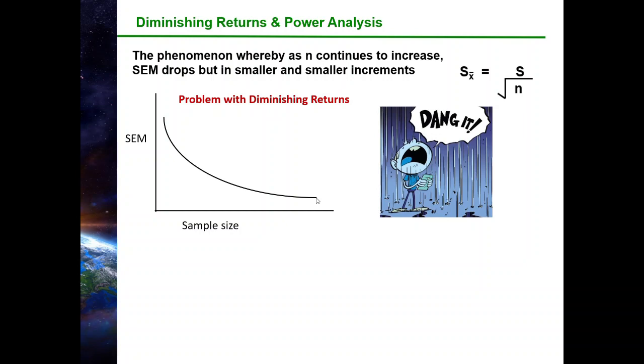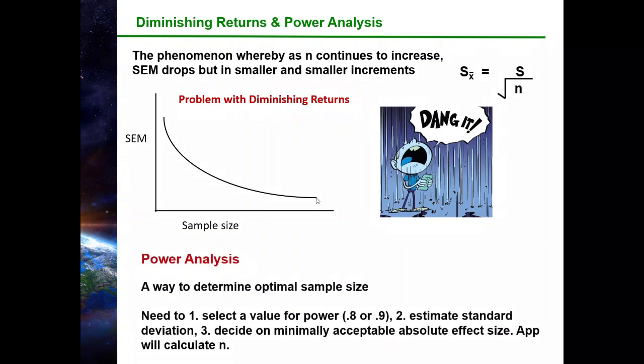Now, it kind of then leads us to the question of, well, how many participants should I test? I want to get SEM as small as possible so I can maximize power, but I don't want to have too big a sample size because then I'm basically wasting my time, right? So there is an app that will run a statistical procedure called power analysis, all right?